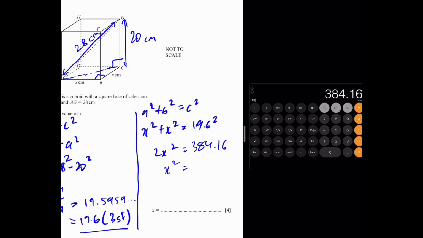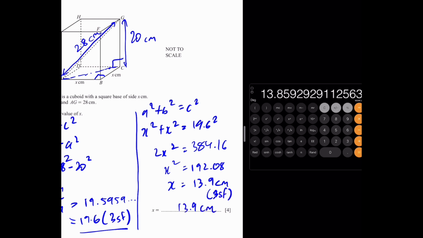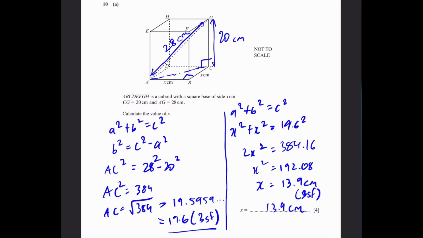X squared is equal to 384.16 divided by 2 to get 192.08. And now x is the square root of 192.08, which is 13.9 centimeters to 3 significant figures. That's the answer. Let's go to part B.